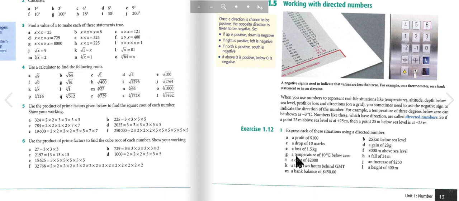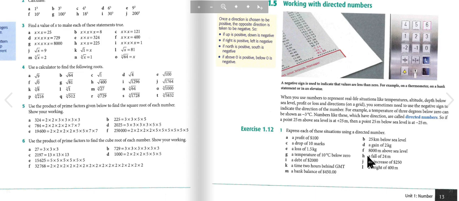A loss of 1.5 kilograms is negative 1.5 kilograms. 800 meters above sea level is positive 800 meters. A temperature of 10 degrees below 0 is negative 10 degrees Celsius.